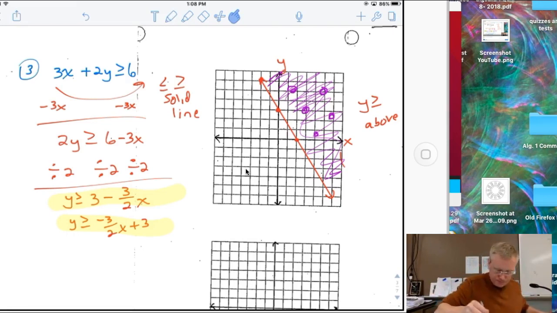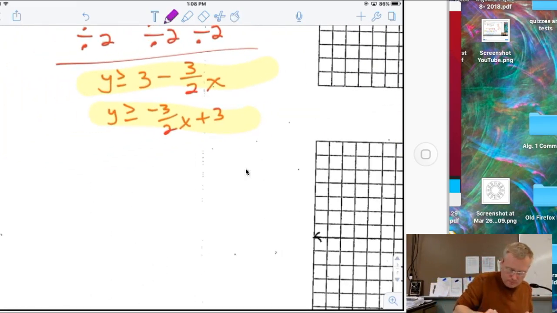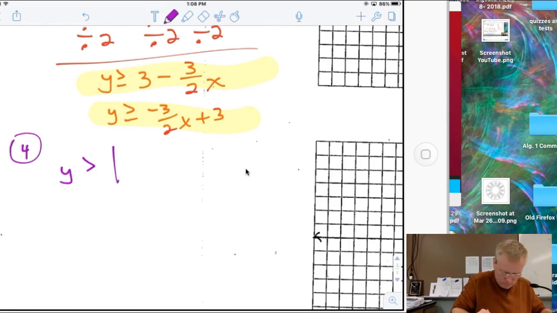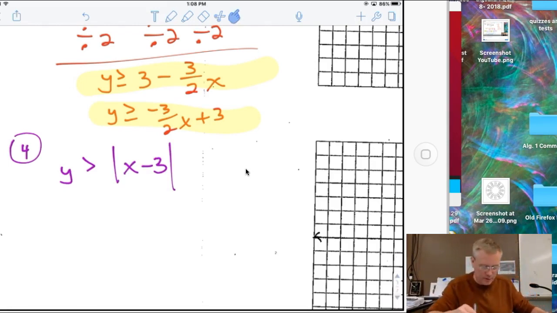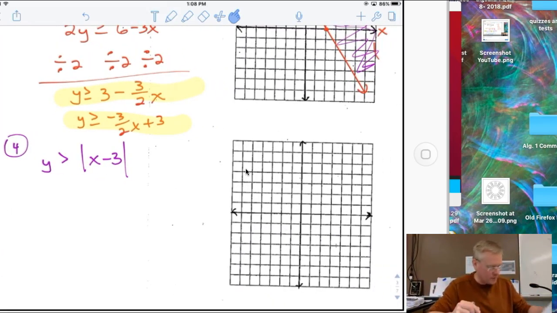Number 4. All right, that one. Y is greater than the absolute value of x minus 3.